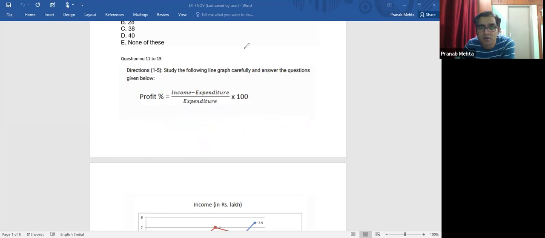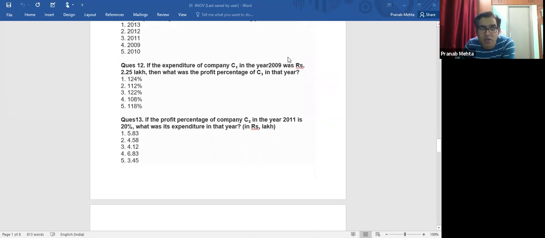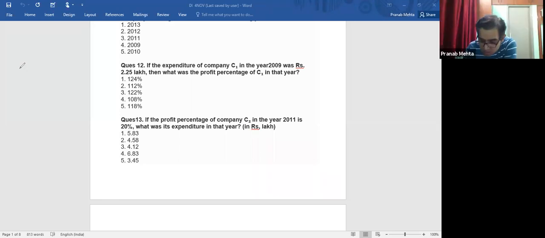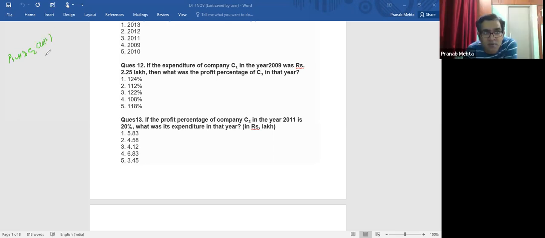Now let us go with question number 3. If the profit percentage of company C2 in the year 2011 is 20%, what is the expenditure in that year?